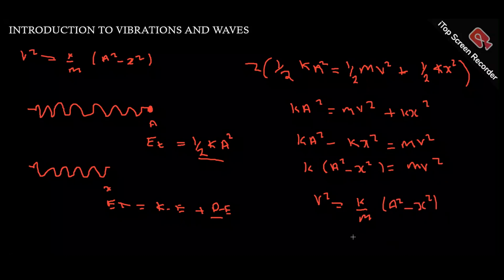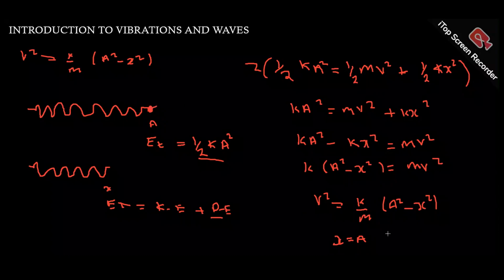And this formula shows us that when X is equal to A, velocity is going to be 0, because you substitute A here. So it will be A squared minus A squared, which is 0 times everything that you have, so it will be 0. So at the maximum point, where it's not moving, V is equal to what? 0.